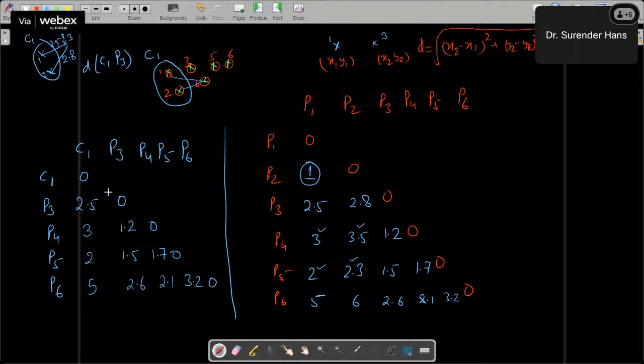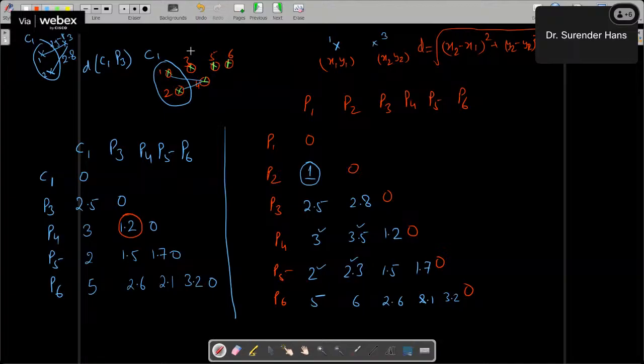Before going to the next step, check whichever has the minimum distance, that will be your C2. The minimum distance in this matrix is 1.2. That is P3, P4.